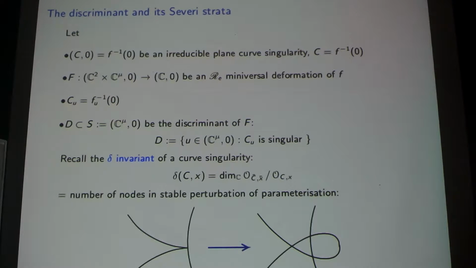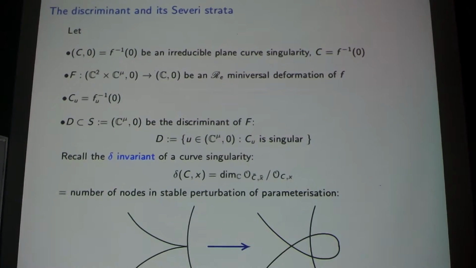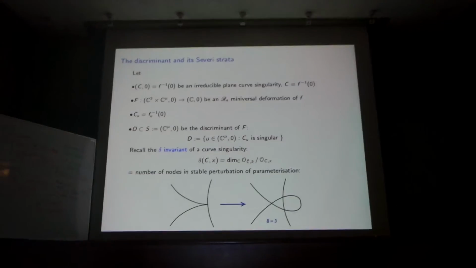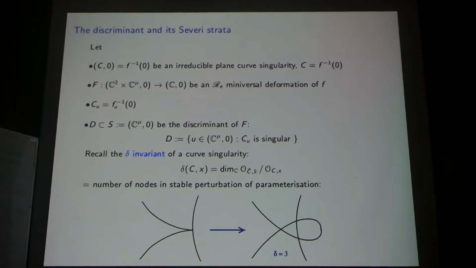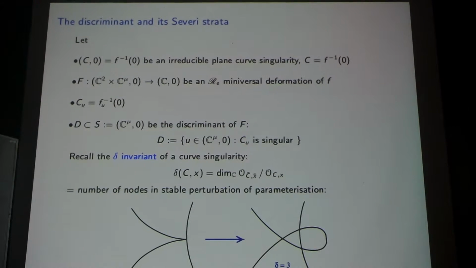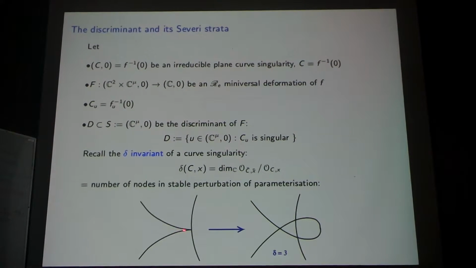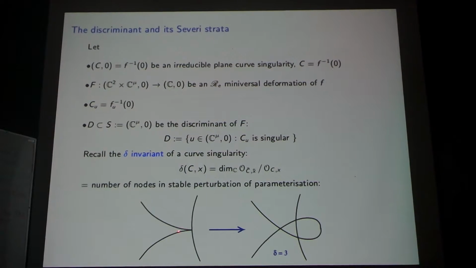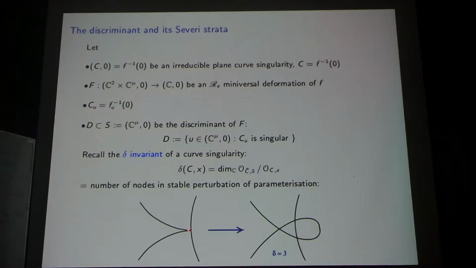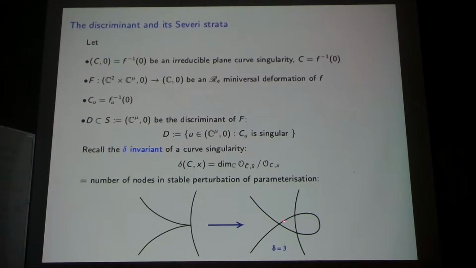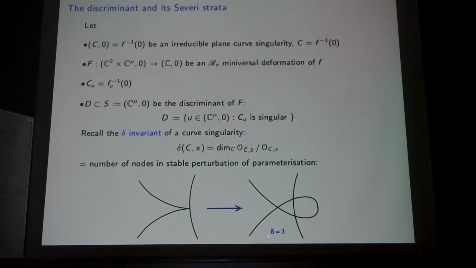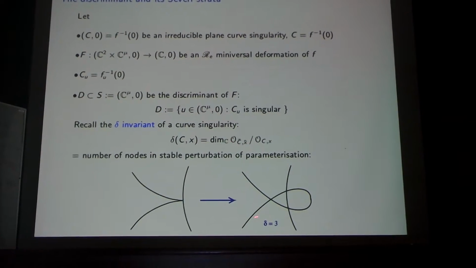It's the number of nodes in a stable perturbation of the parametrization. So here we start off with a reducible curve singularity. We deform it so that all singularities are simply crossings. We can do this with a parametrization, and we get 3 nodes. So one can check delta defined in this way is 3.